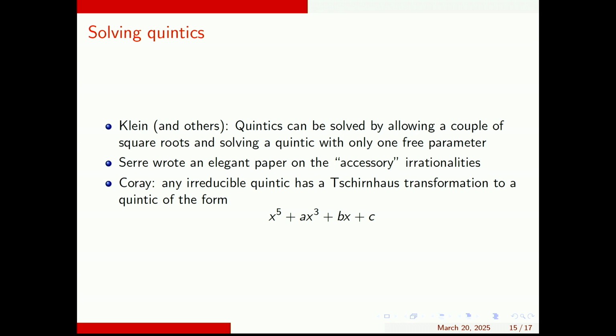That's a little surprising. Any further reduction along these lines doesn't seem possible. And the natural generalization to 7th degree polynomials, kick out the terms of weight 1 and 3, does not seem to work. So it was a very nice idea, but it was at that time kind of, what does this mean?